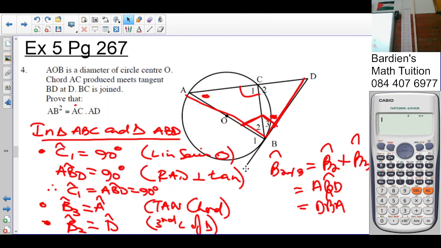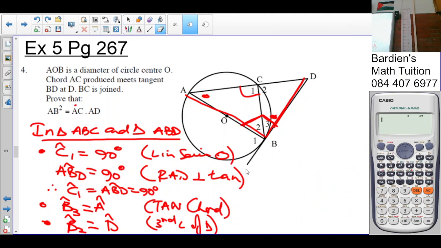But why are we not picking up that to be a common angle? Why are we using B3? Yeah, that's a mistake. Absolutely, because I'm looking at the wrong triangle here. We're in this triangle and that triangle.